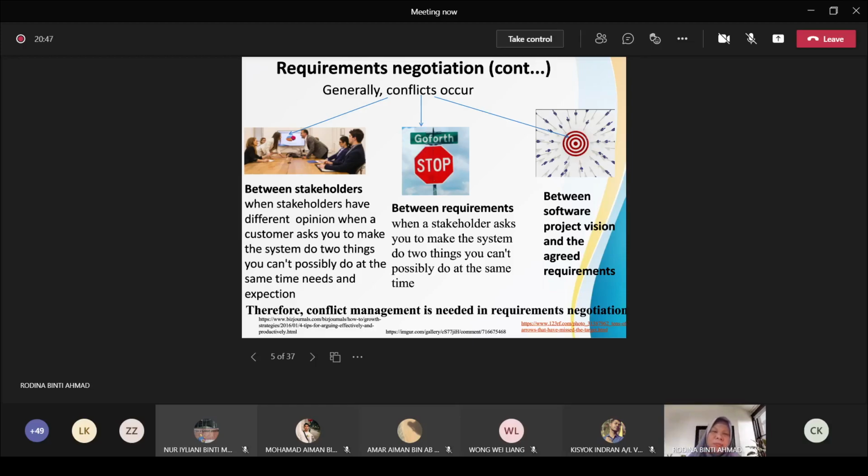Conflict can also occur between requirements themselves.